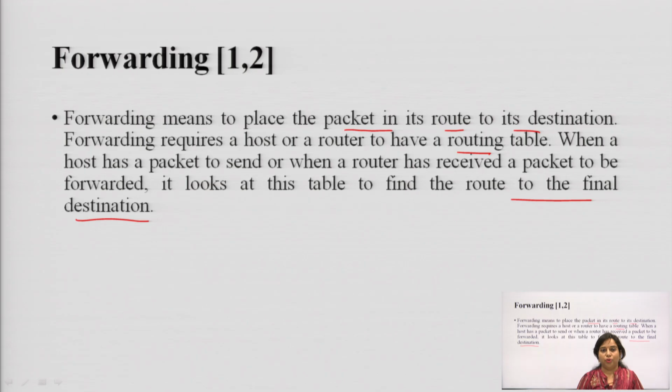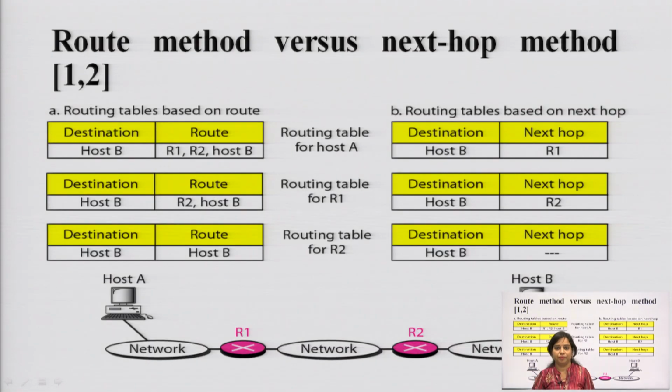When we have a packet to transfer to a particular destination, it has to consult that routing table. And it will change depending on the host. If the host changes, then the routing table will definitely change.